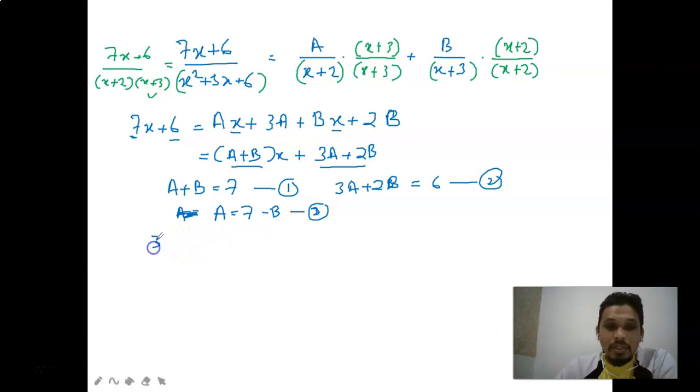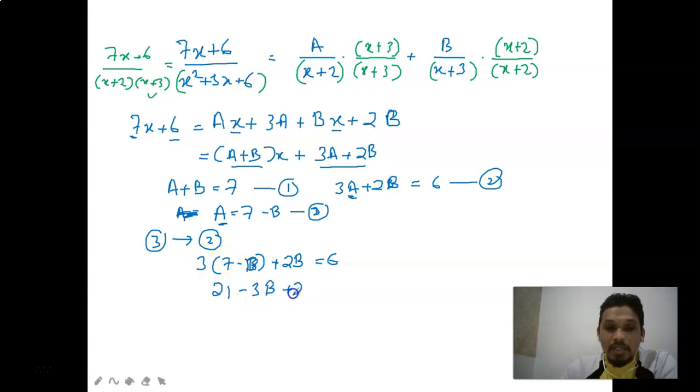So equation 3 substitute into equation 2. 3A, where A is 7 minus B, plus 2B equal to 6. 3 times 7, 21. 3 times B, negative 3B, plus 2B equal to 6.